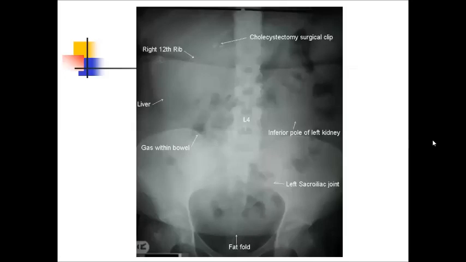Here is X-ray film of abdomen, normal X-ray film of abdomen. What can we say about this? Such structures as bone, vertebra, pelvic bones are very well seen on this picture.